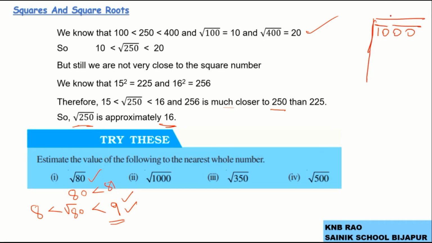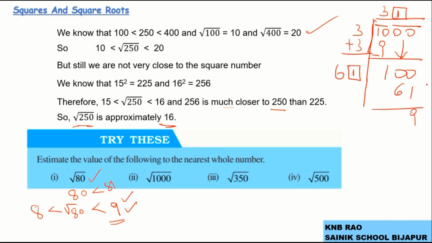Here we have 3 3s are 9 and 1 is the difference, and bringing down the pair 00. So 3 added to 3 gives 6, and we choose a digit from 0 to 9. If I choose 1, 61 ones are 61. If I choose 2, it becomes certainly more than 100. So 61 ones are 61, and 100 minus 61 is 39.